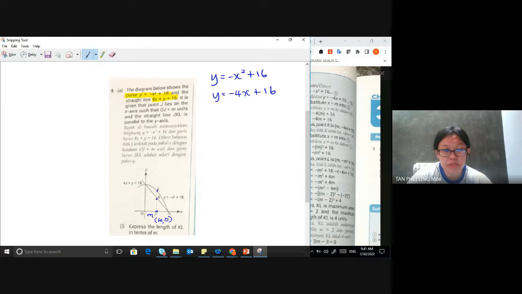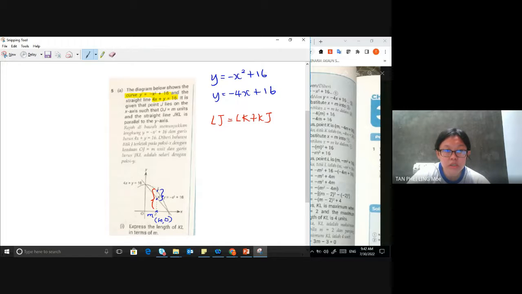And what else do we know? If you want to find LK, as long as you find the red one, which is LJ, the whole thing. LJ is actually made up of LK plus KJ. Do you agree?